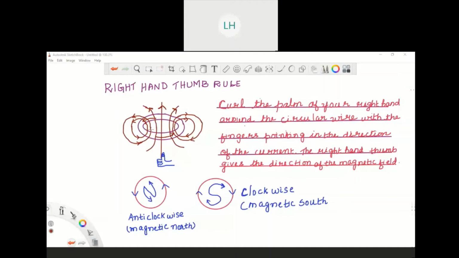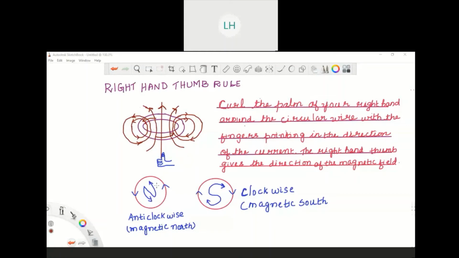The right hand thumb gives the direction of the magnetic field. The upper side of the loop will be considered as the north pole and the lower side as the south pole of a magnet.